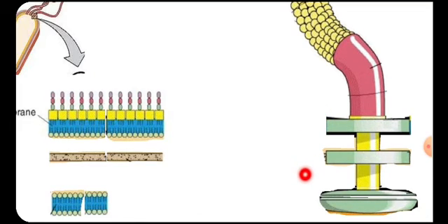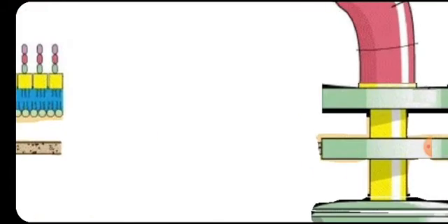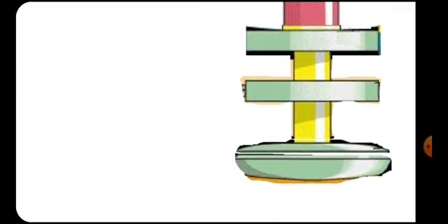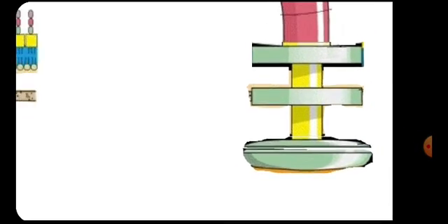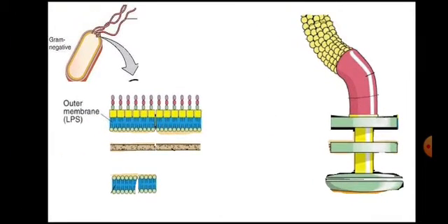This basal body consists of four rings: L, P, S, and M. L, P, S, and M. So this is the structure of basal body in the case of gram negative bacteria. This is the structure of flagellum in gram negative bacteria.